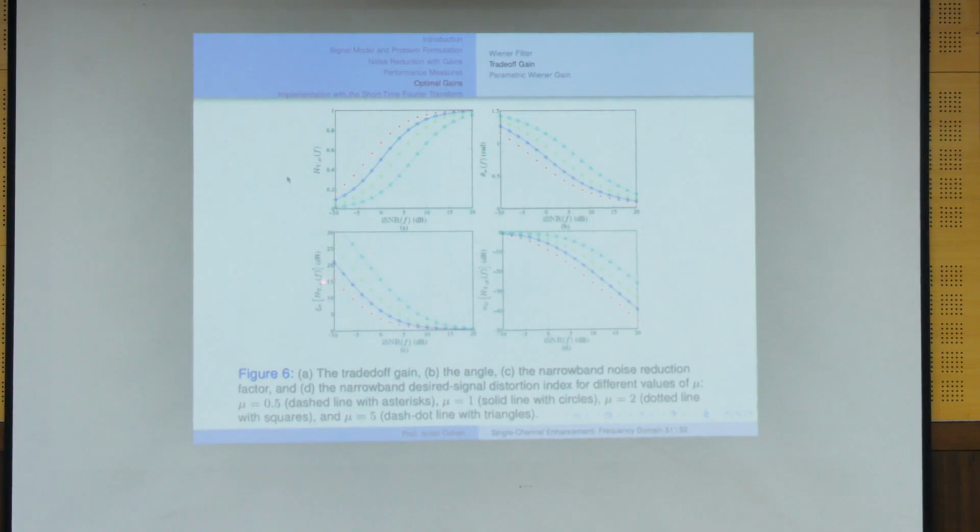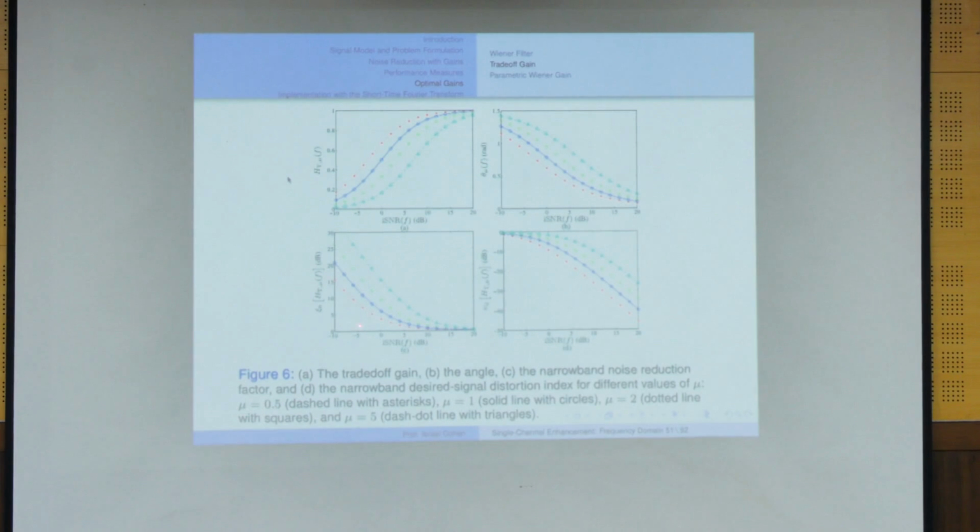Here, the red one is mu equals half. The blue is mu equals 1, which is like the Wiener. The green is mu equals 2. And then this one, mu equals 5.